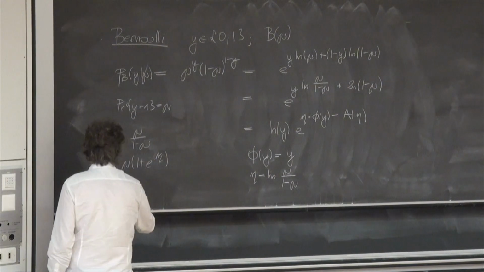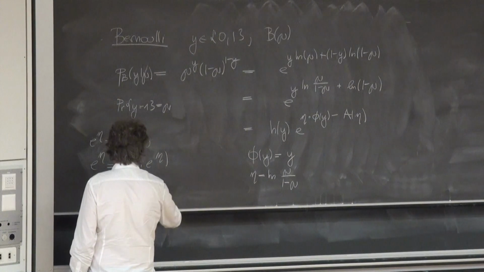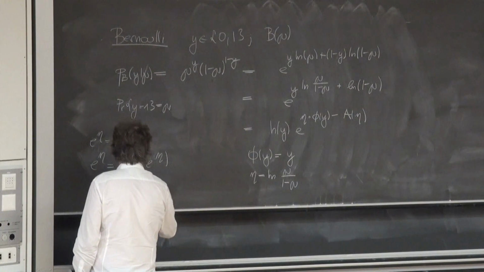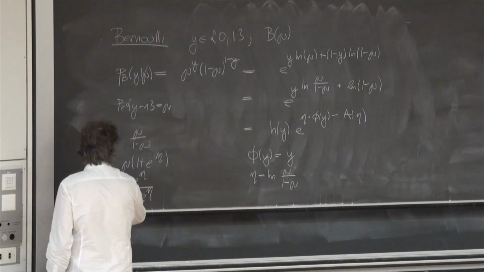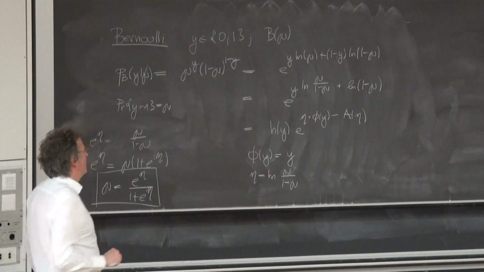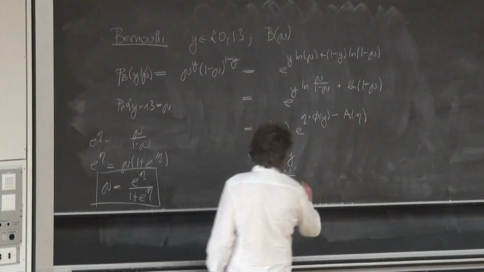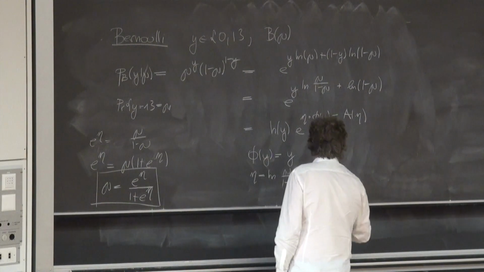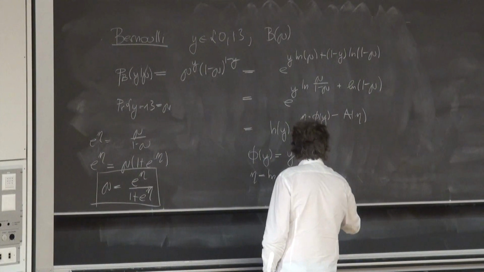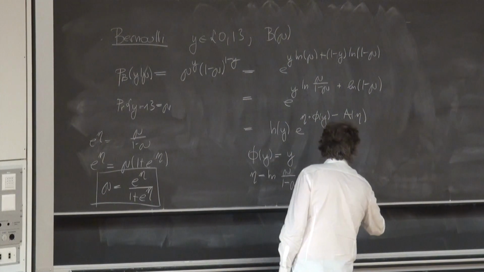And it means I can invert this relationship, and mu is just equal to e to the eta over 1 plus e to the eta. Okay, so I'm just inverting this relationship. We'll see in a second why that is nice. And so let me just call this function here g of mu. And this function here is called the link function.